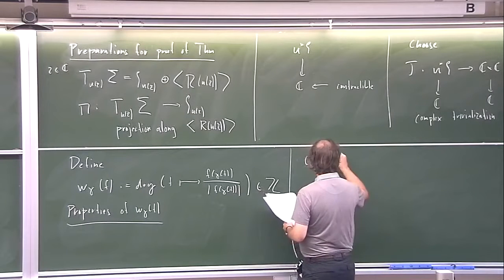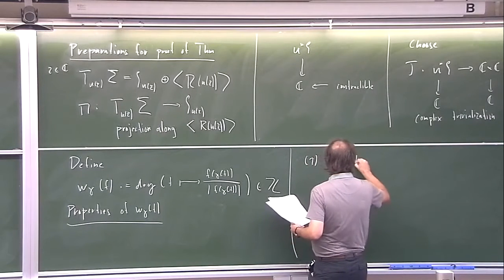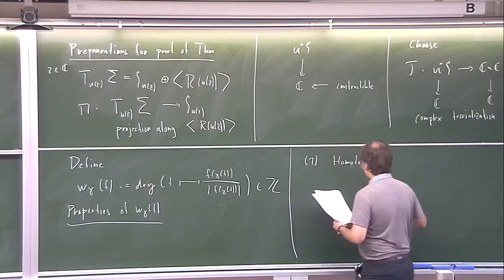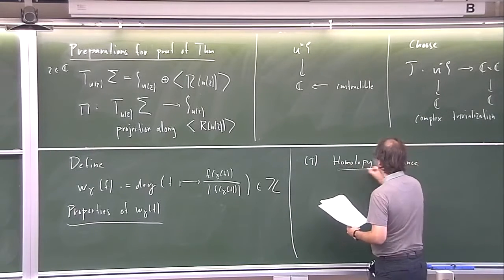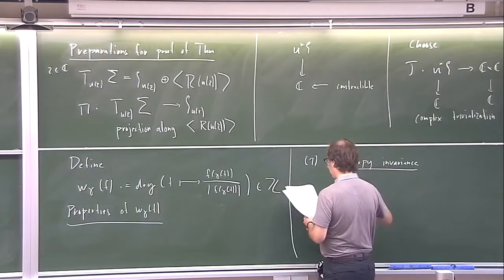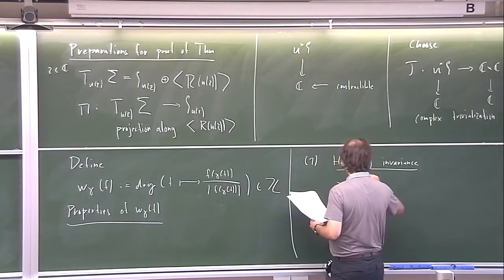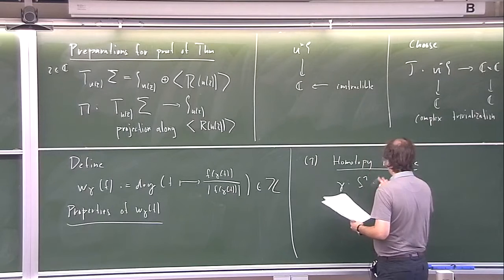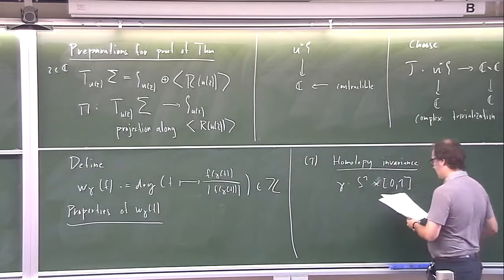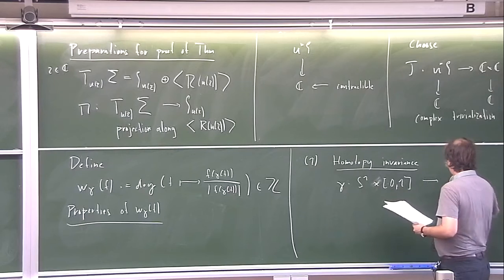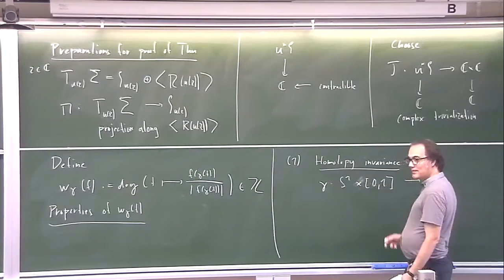So if gamma is a map from S1 times the homotopy parameter in [0,1], the only important thing is that we always stay in the regular set.